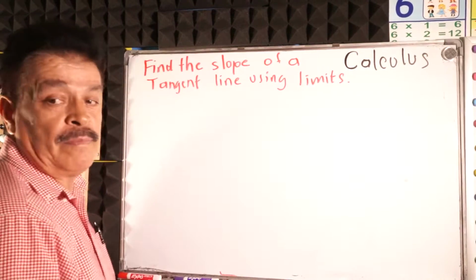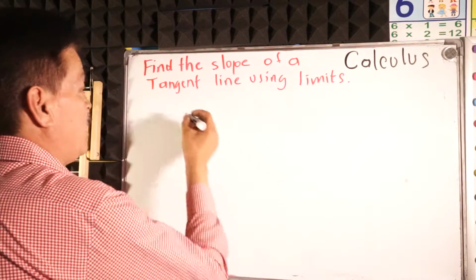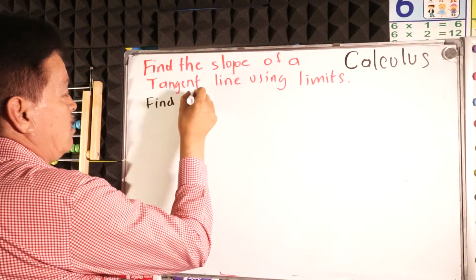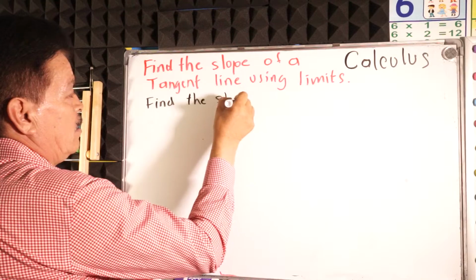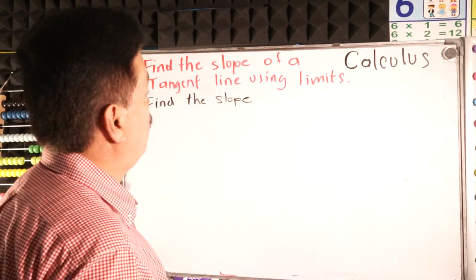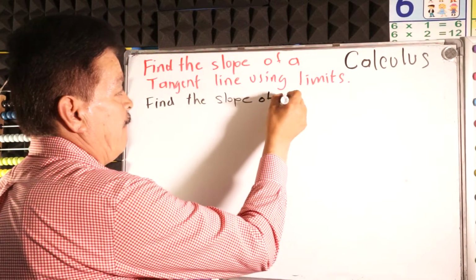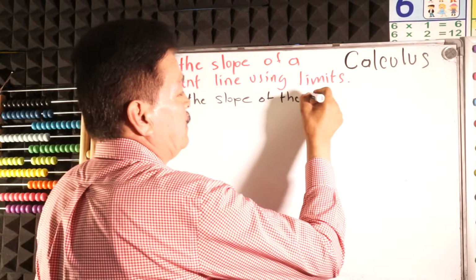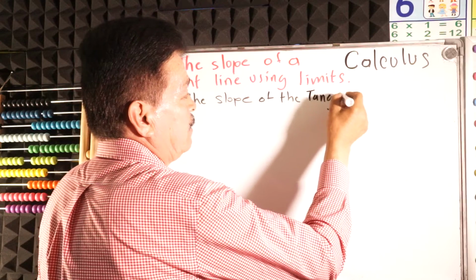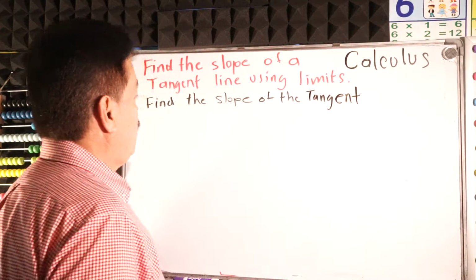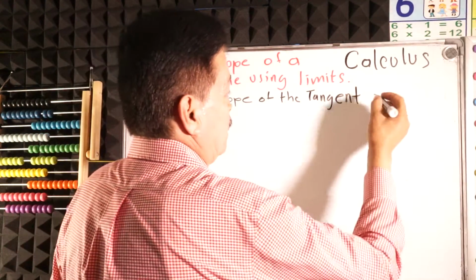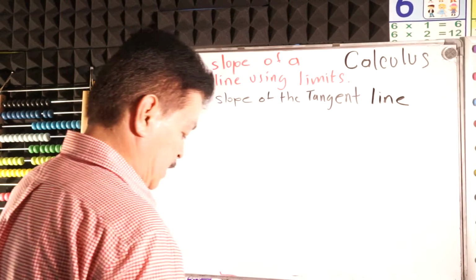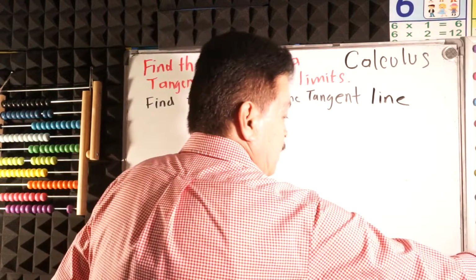Now find the slope of the tangent line. That marker is not black. Tangent line, yeah, this is better.